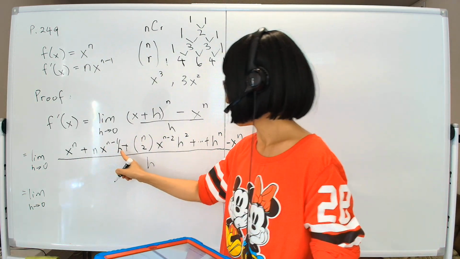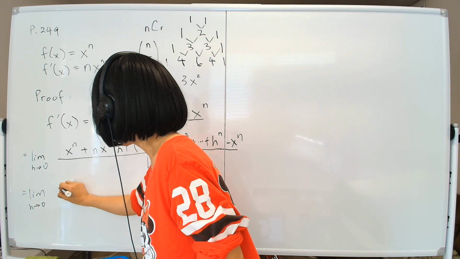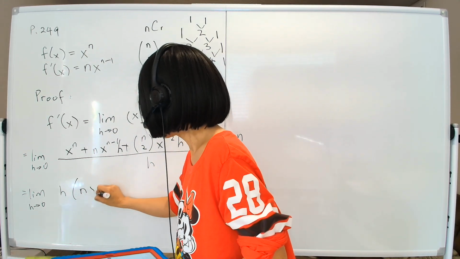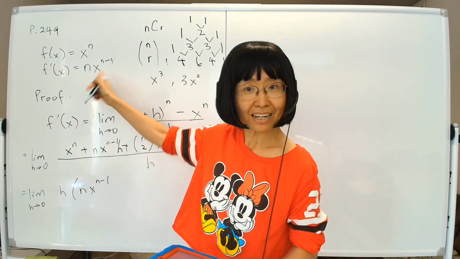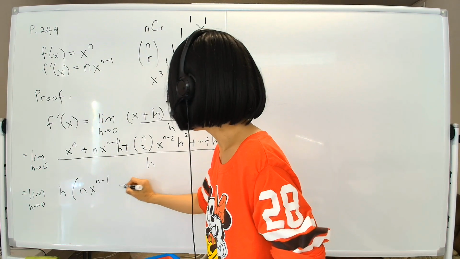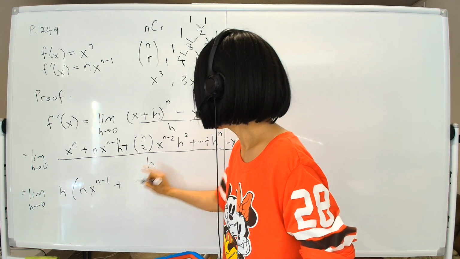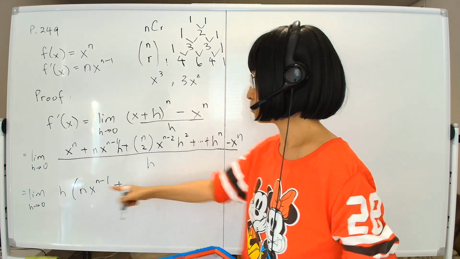Okay, we'll factor out 1 h out of this pile of stuff. You factor out 1 h, so you have nx to the n minus 1. Now notice this is exactly our answer, and that matters because plus some combination of stuff, you will have 1 h left. Okay, all the h's get knocked down by 1 from your factoring.